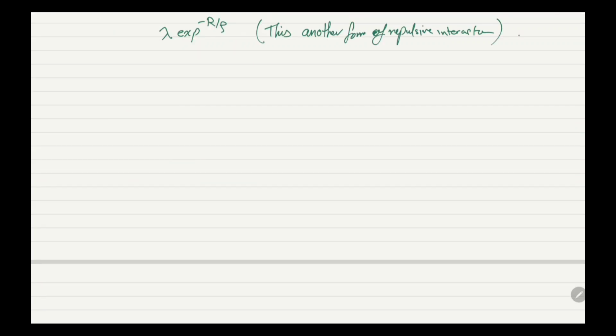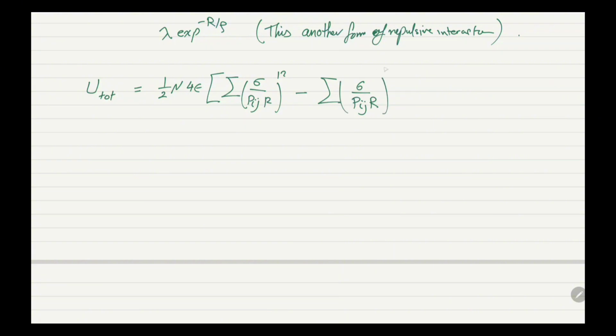Now, by neglecting the kinetic energy of the inert gas atoms and summing over all pairs of atoms in the crystal, in this case U total equals half N times 4 epsilon times the summation, again we are summing over all pairs of atoms, of sigma over Pij R to the power 12, minus the summation of sigma over Pij R to the power 6.